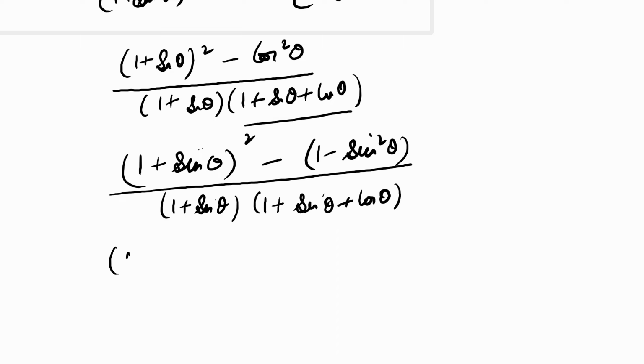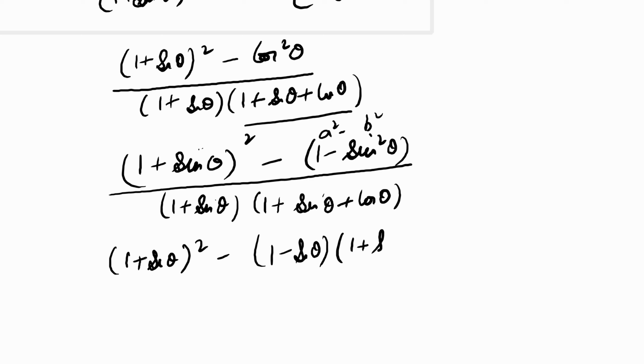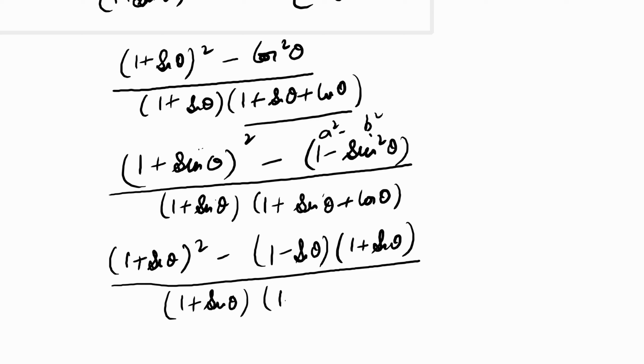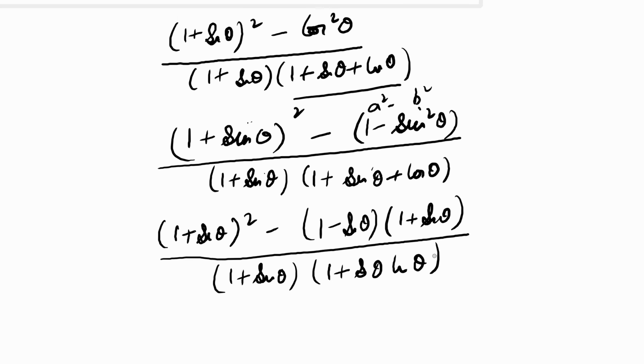Now we will take 1 plus sin theta common. 1 plus sin theta whole square minus, this is a square minus b square, you will get 1 minus sin theta, 1 plus sin theta. With 1 you can do that. That is a good property of 1, that the square of 1 is also 1. What will we do next?